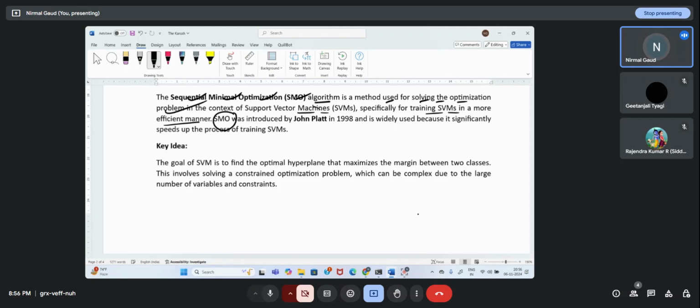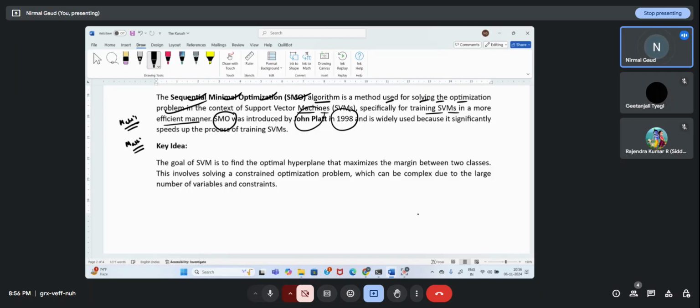SMO was introduced by Mr. John in 1998. So it's an older algorithm, not a new one. But even in this year, maths never gets old. Everything is dependent upon maths.